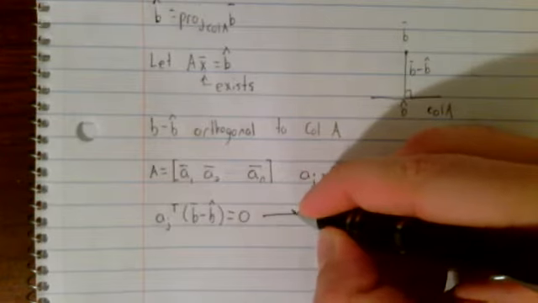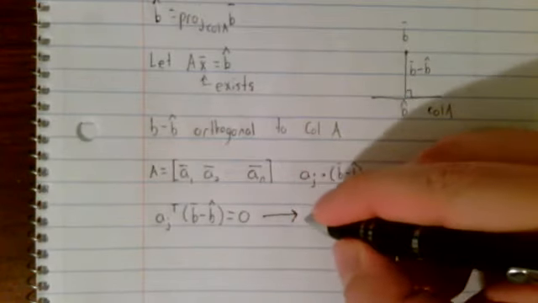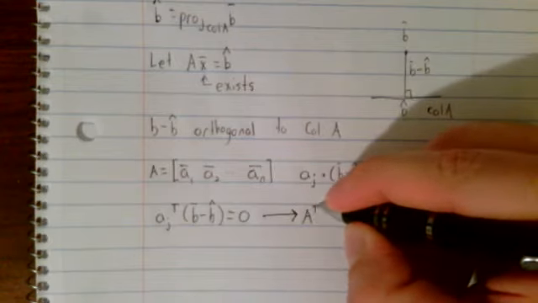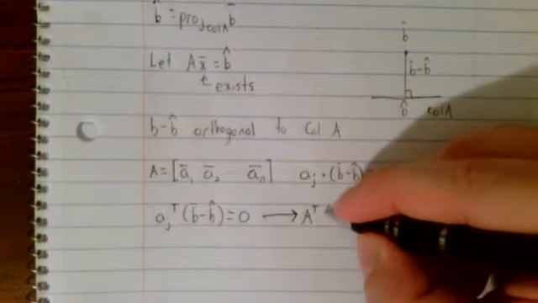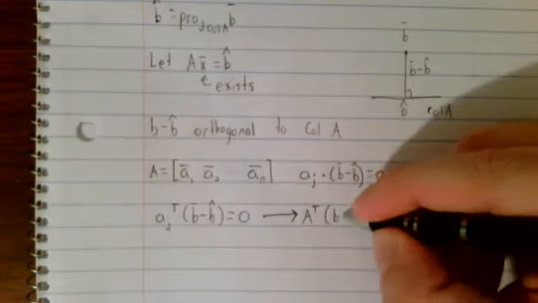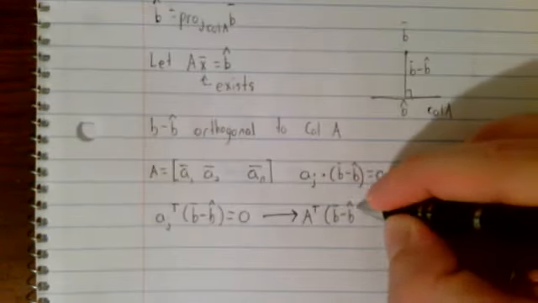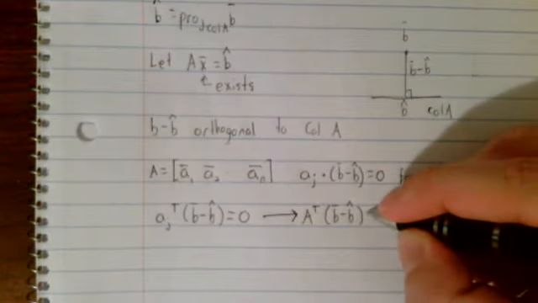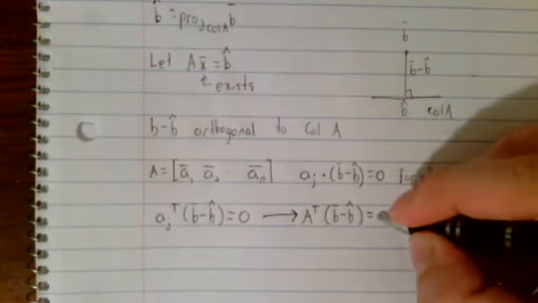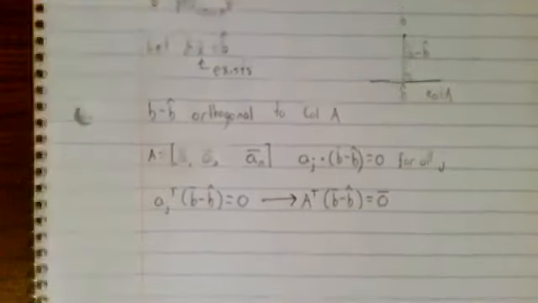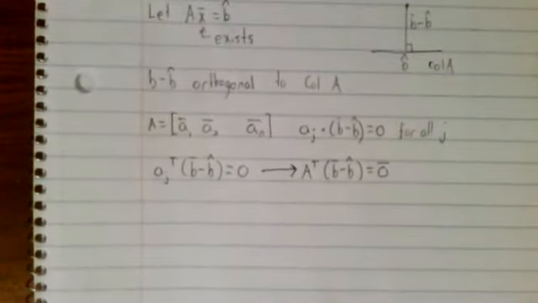This in turn tells us that A transpose times B minus B hat equals the 0 vector.